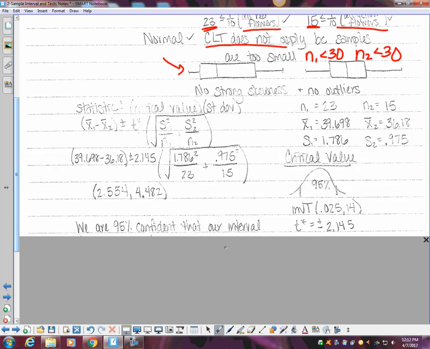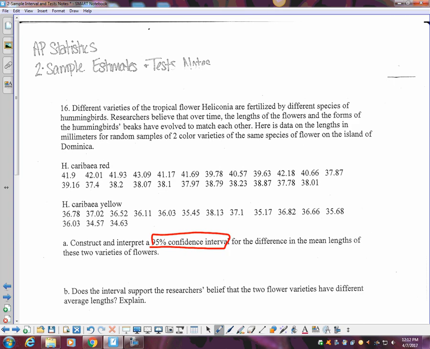Okay, then I go to the formula. So I get that straight off my formula sheet. It's an interval, so I get the interval formula. Statistic is going to be x sub 1 minus x sub 2, and then my t star, and then my standard deviation. So these numbers, they gave me a big old set of data. They didn't tell me the mean. They didn't tell me the standard deviation. So I typed the first ones.